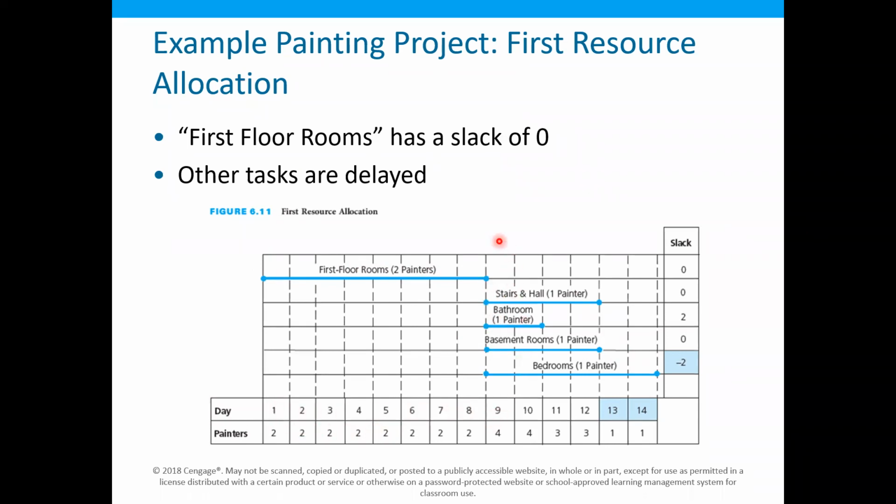Okay, so now we have to consider day 9. In day 9, we have 1, 2, 3, 4 activities. And out of these 4 activities, the bedroom activity has a minimum slack of -2. So the minimum slack is -2.